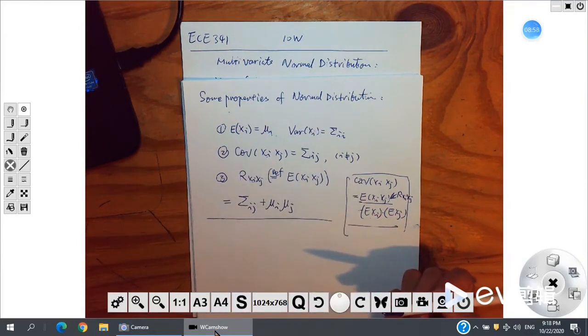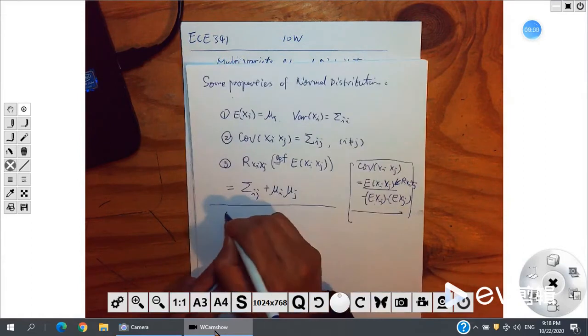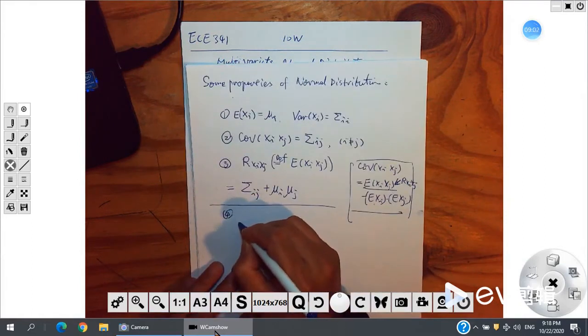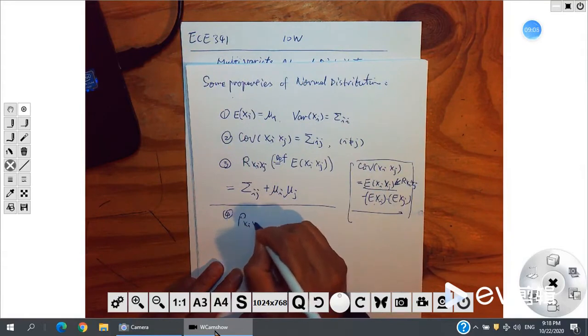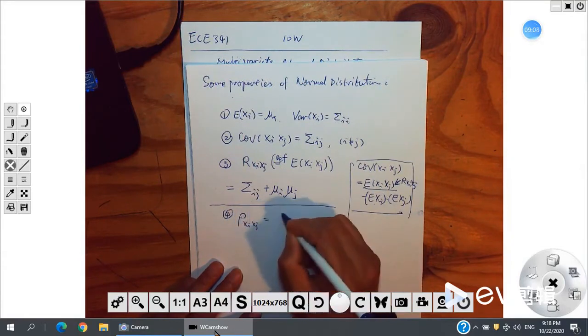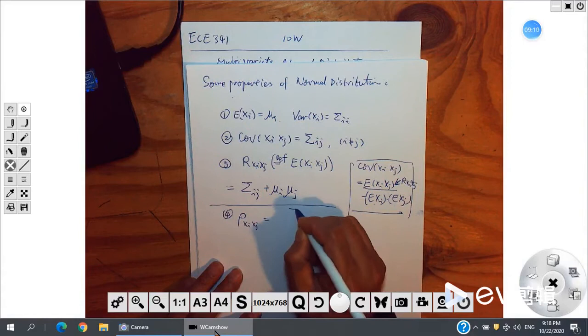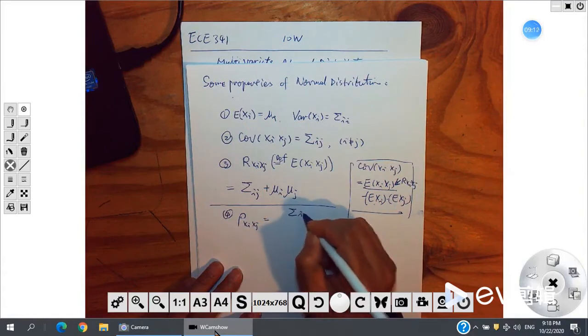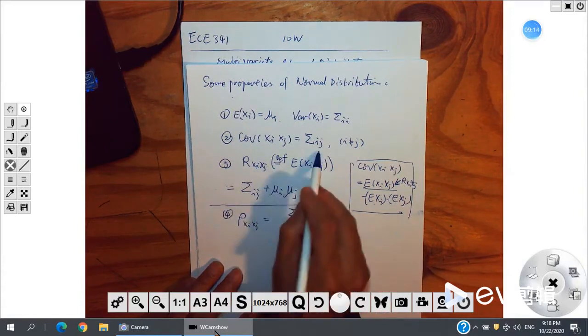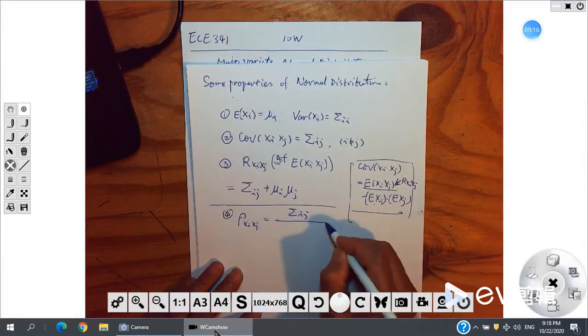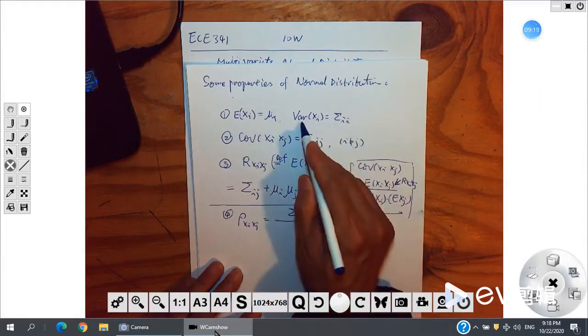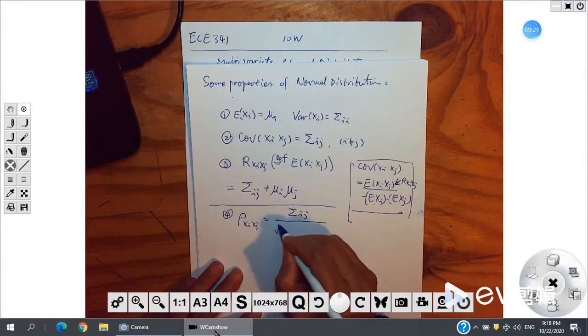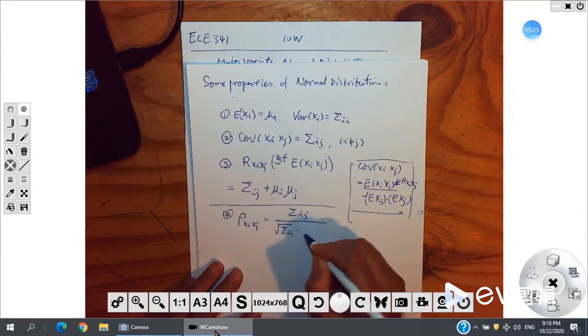Do we have any more? Okay, we have another one about the correlation coefficient, rho(Xi, Xj), which will be the covariance sigma ij over the square root of sigma ii times the square root of sigma jj.